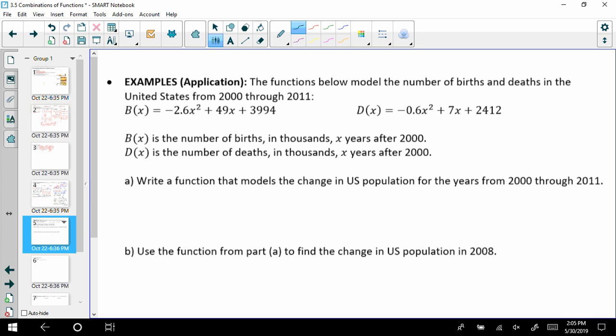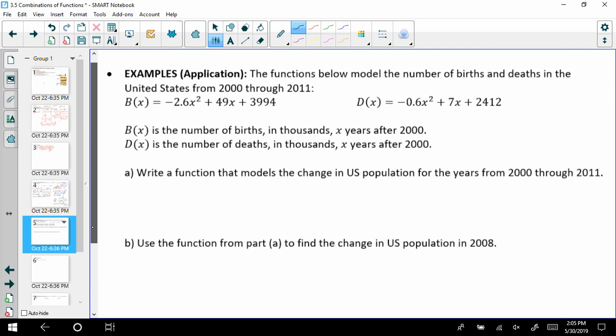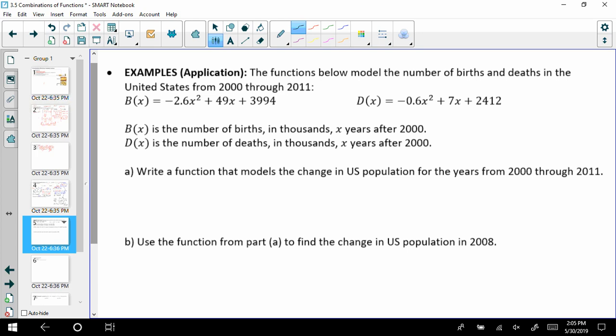All right, next item is an application problem, which if you can do what we were just doing, the application problem isn't that bad. The functions below model the number of births and deaths in the US from 2000 to 2011. So B is the number of births, and D is the number of deaths. Write a function that models the change in US population for the years from 2000 through 2011.